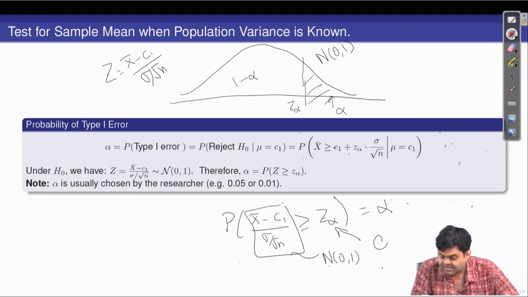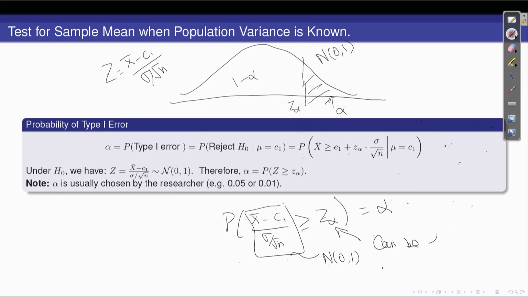This can be found from the normal table, and then you do simple algebra to find the rejection region in terms of x bar. So this is how you calculate the type 1 error.